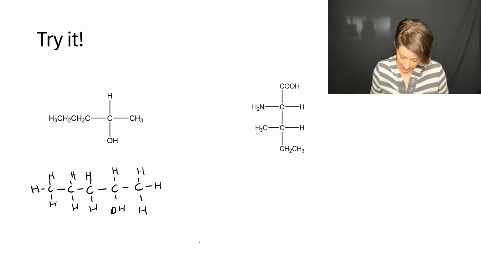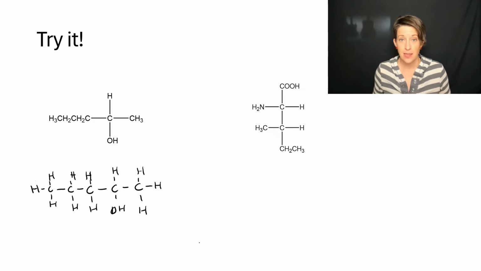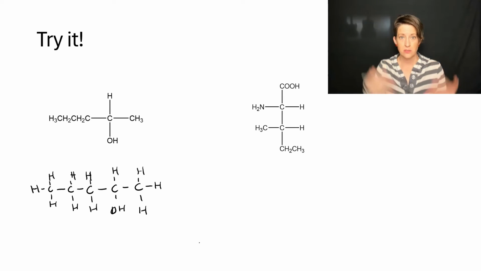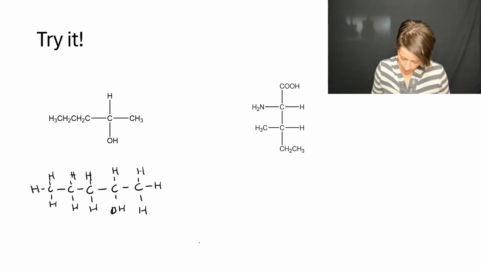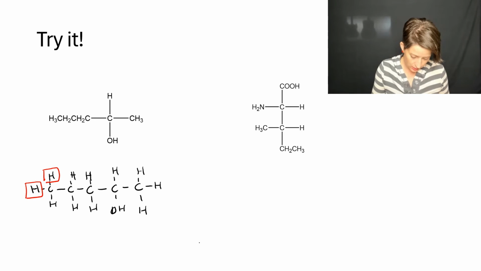Again, I like to use colors. If you want to use a highlighter, you can. This time I'm going to draw squares so that I can erase them as we move down our carbon chain. On carbon 1, remember I repeat a color if it's the same group.